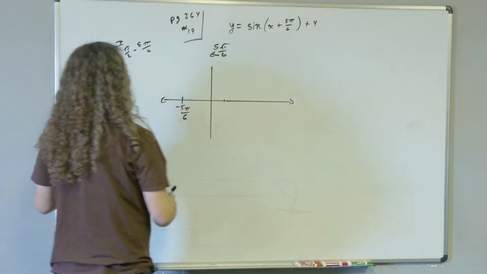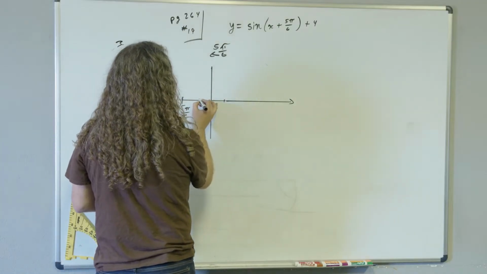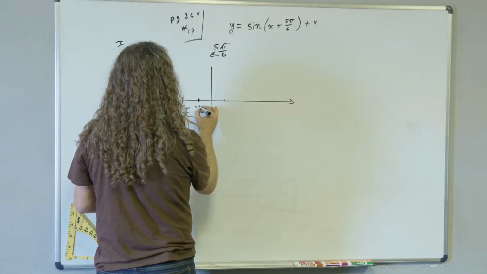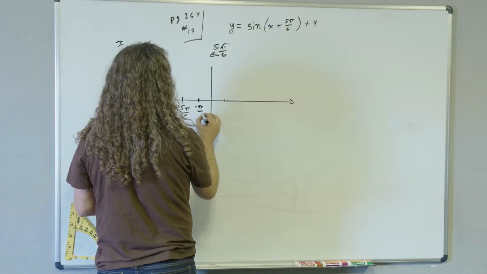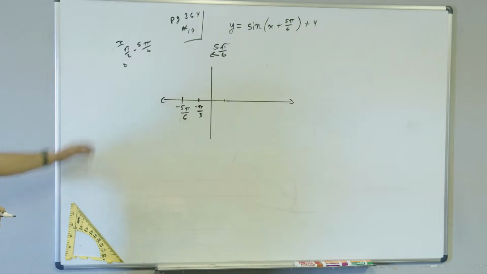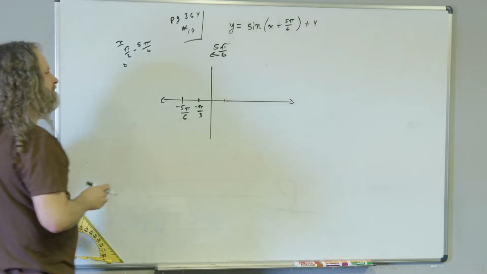Or we could just step it up by half pi every time. Yeah, if you want to think about it that way, that's fine. What's pi minus 5 pi over 6? That's pi over 6.